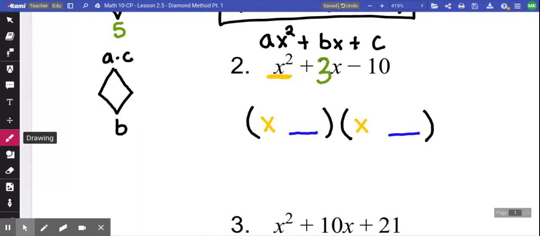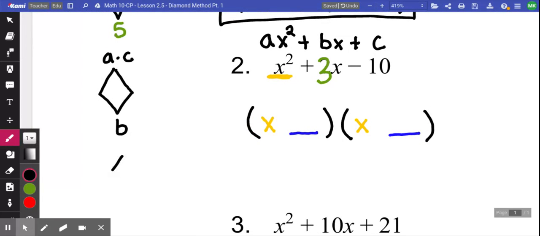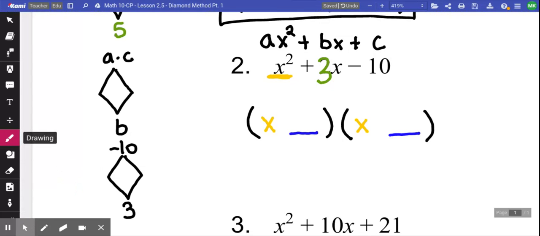So if I'm drawing out my diamond to factor this, the top of my diamond would be negative 10, because a times c is negative 10. The bottom of your diamond is your b value, which is 3. The sides of your diamond are two numbers that multiply to be negative 10 and add to be 3.